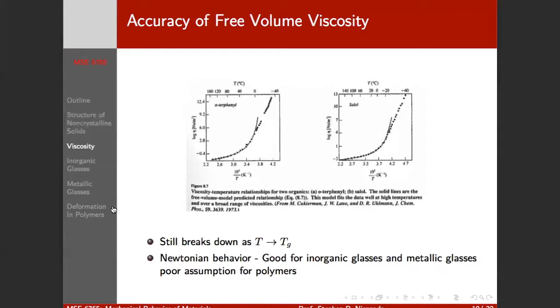We can assume Newtonian behavior at high temperatures for inorganic glasses and metallic glasses. Generally a poor assumption for polymers, right? Polymers, we're always going to have to think about shear thinning behavior, right? Or colloidal type solutions, we're always going to have to think about shear thickening behavior.